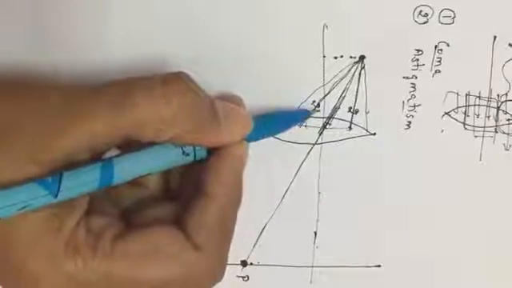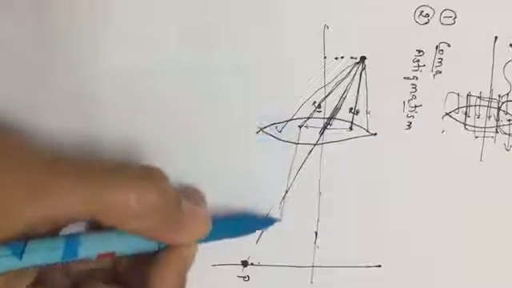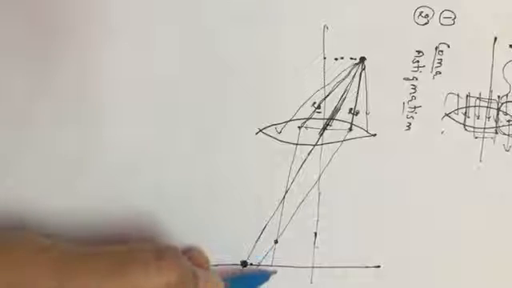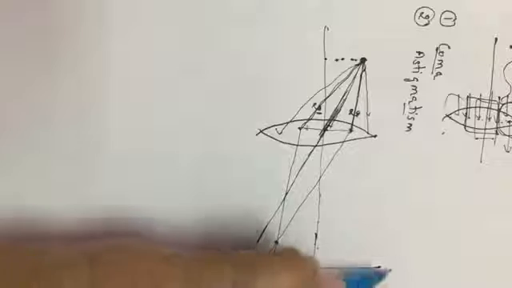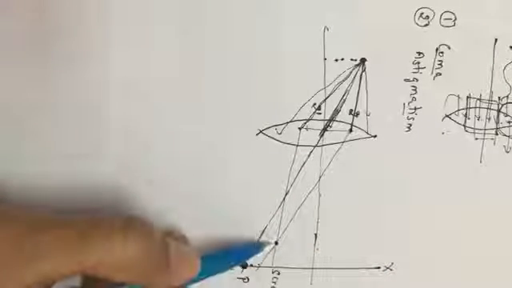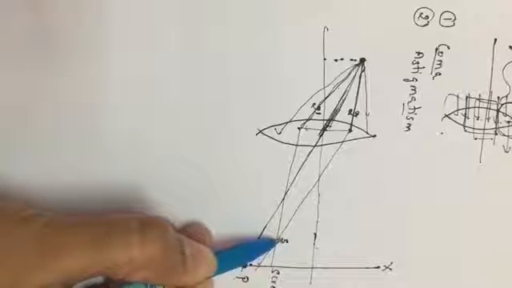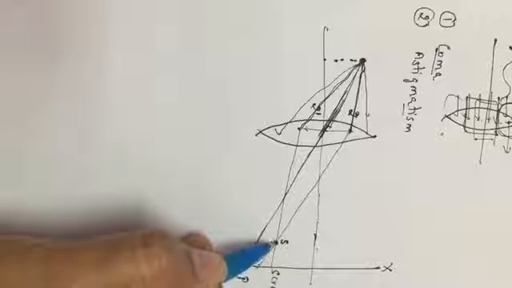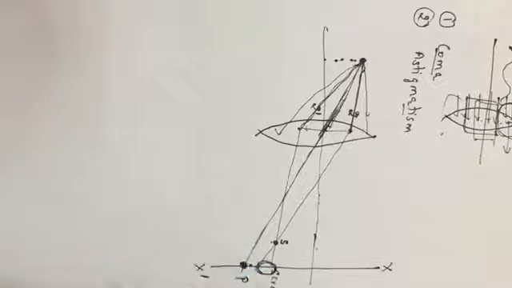Let us consider the other ray is 2 dash. They will produce another image before this screen, and if the screen is placed at x and x dash position, we will find that this image, which is produced at s, we will obtain on the screen like this.